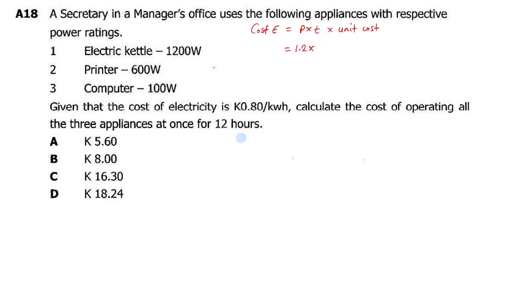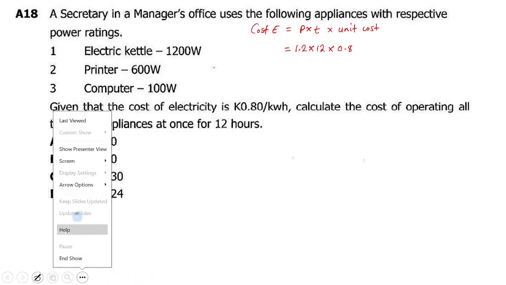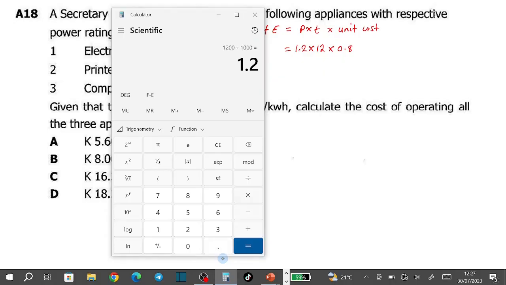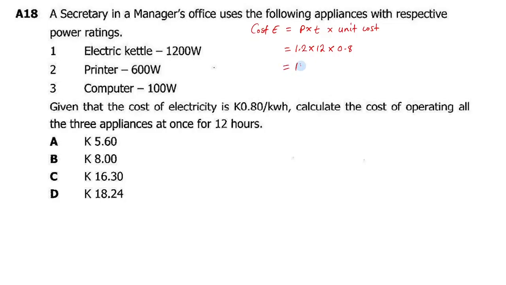Time should be in hours, 12 hours, right? Then times unit cost, which is 0.8. Let's do that evaluation quickly. 1.2 times 12, then times 0.8, we get 11.52. That will be the cost.